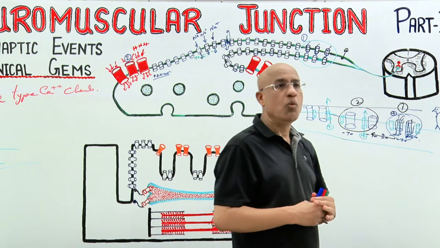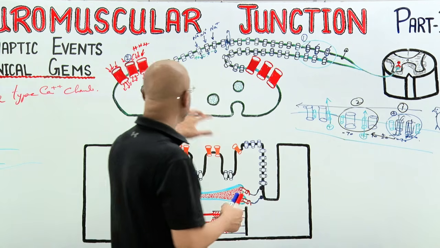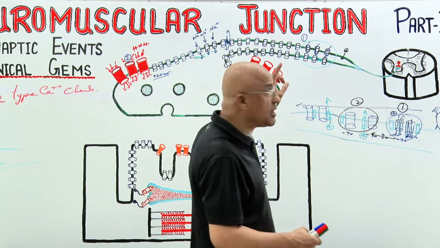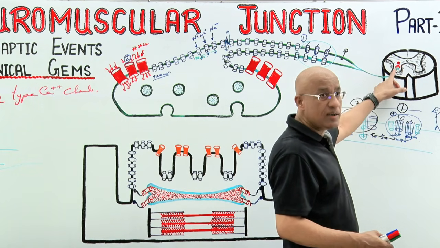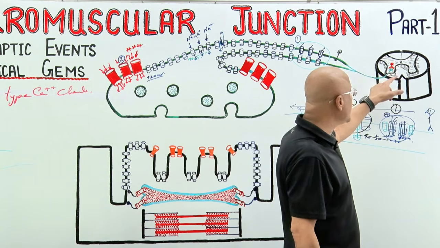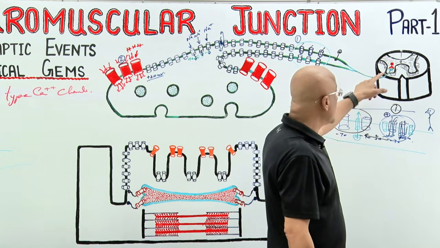So the vesicles and other proteins present in this terminal button were originally synthesized in the cell body under the direction of the genetic material, and then there is something called axoplasmic flow.